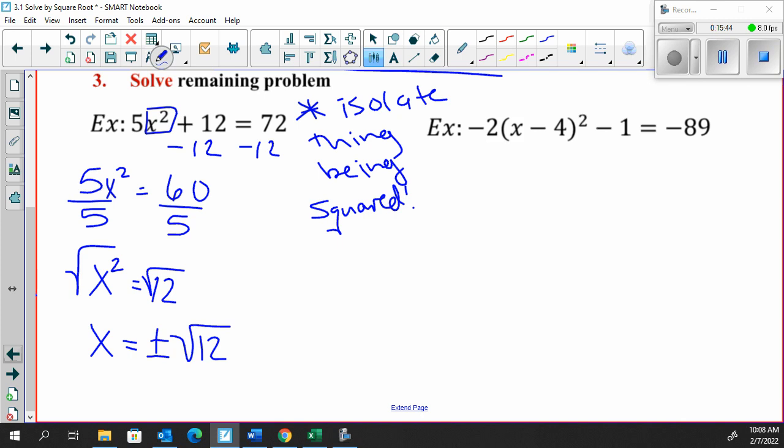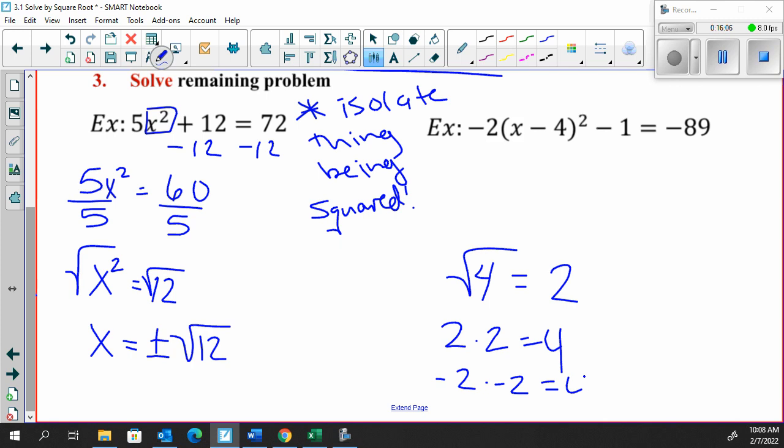Because it can be positive or negative. Let me show you what I mean. If I asked you what the square root of 4 is, what would you say? 2. Because 2 times 2 is 4, right? Yeah. Negative 2 times negative 2 is also 4.